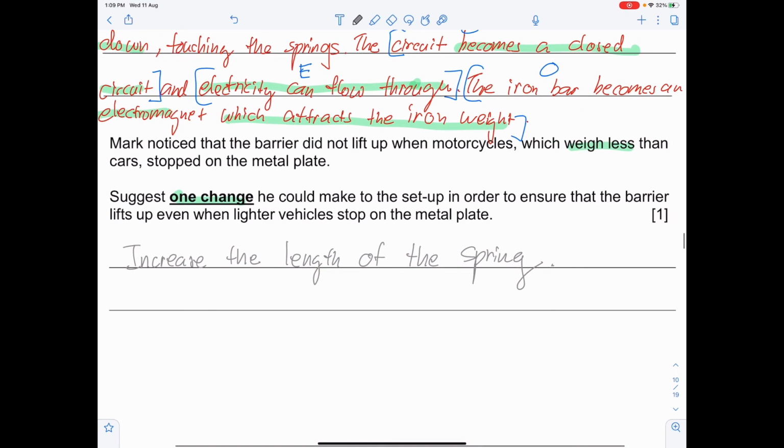One very important thing that I want to point out for all students is that more often than not, every time they see the word spring, they will straight away think about it being stiffer or less stiff, or being compressed more or less. No. Sometimes the spring is just there to act as a distraction, like in this question.